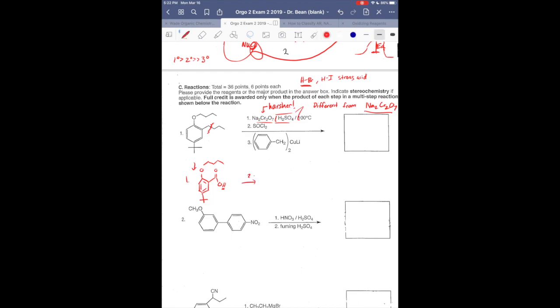So then, now that we got that going on, what is number 2 going to do? Any thoughts?